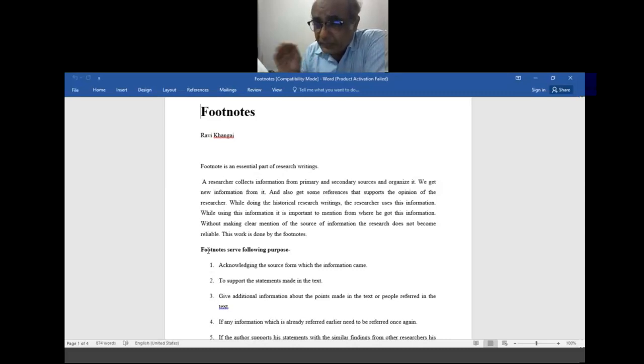Next, if the information is coming in the future, in the subsequent pages, for example, after the Battle of Panipat, Parvati Bai, Bhau Sahib's wife, was taken to safety by one person. I am forgetting the name. Anyway, you write a sentence that Parvati Bai escaped from the Battle of Panipat.